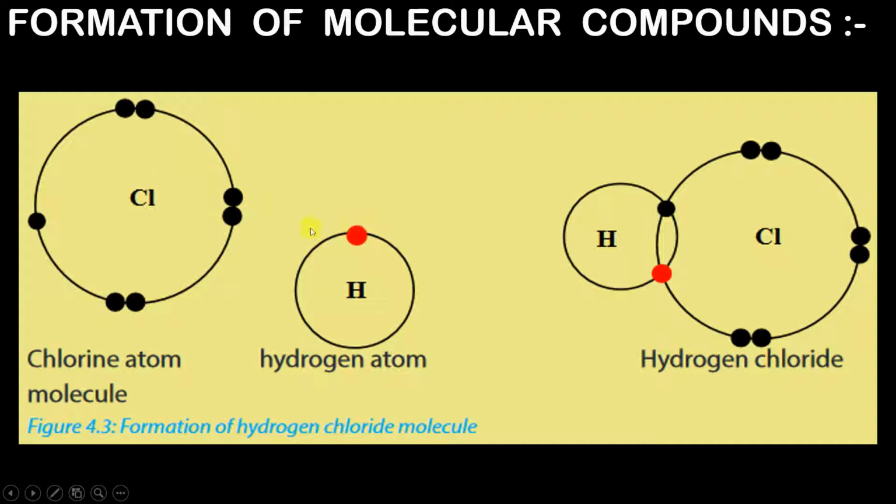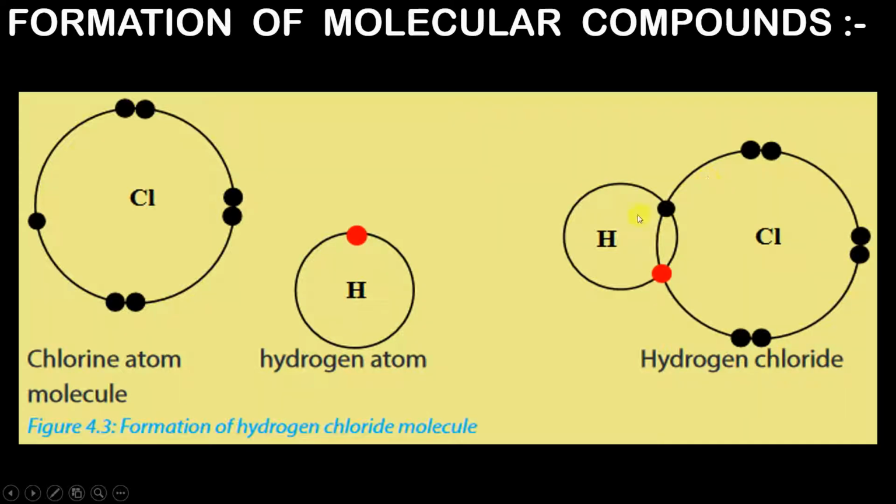So what they are going to do is that hydrogen will contribute its one electron and chlorine will also contribute its one electron, and with the contribution of one electron each, they will share these two electrons. As you can see over here, now the hydrogen has 2 electrons, whereas the chlorine has 8 electrons in its outermost shell.